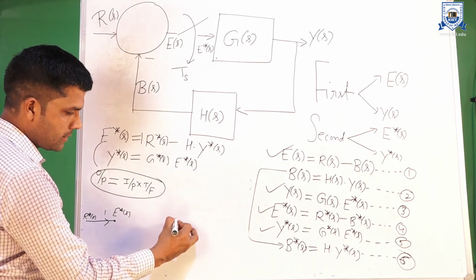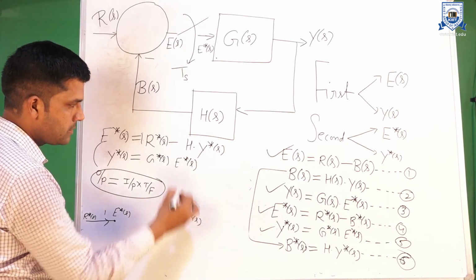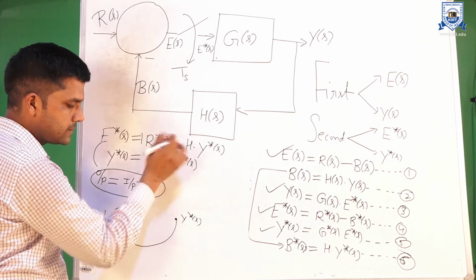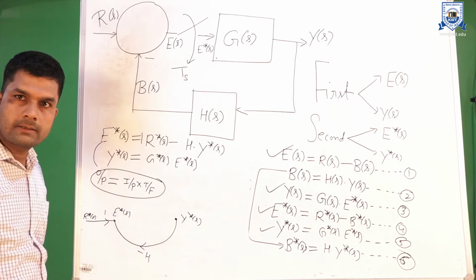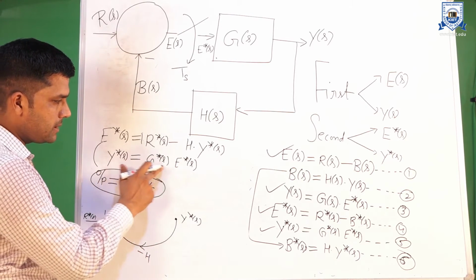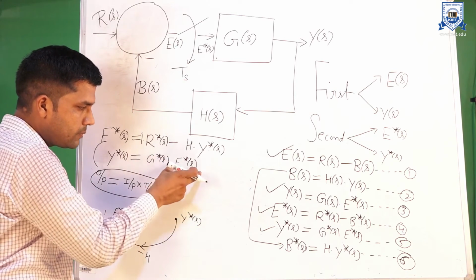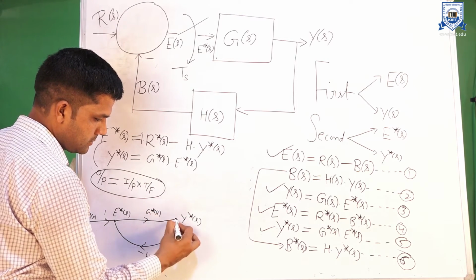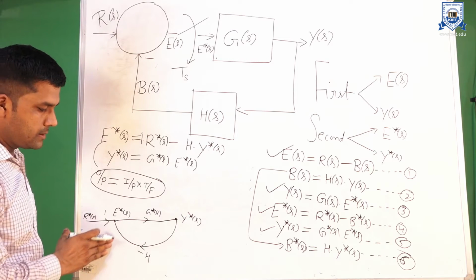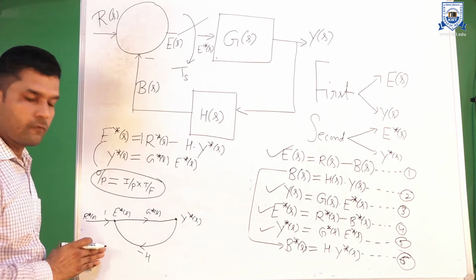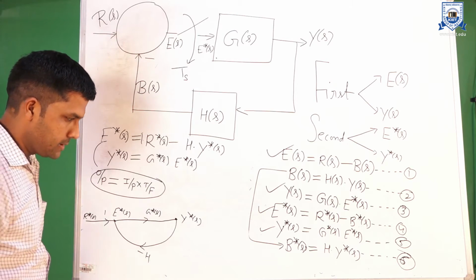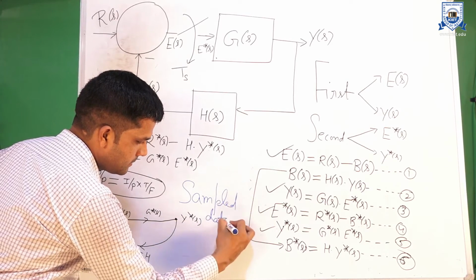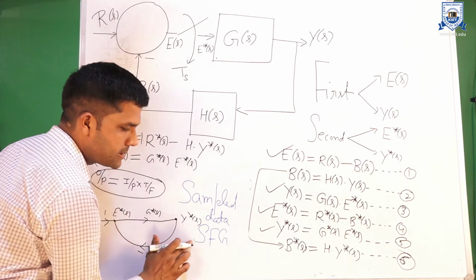This graph is known as the sampled data signal flow graph, SFG.